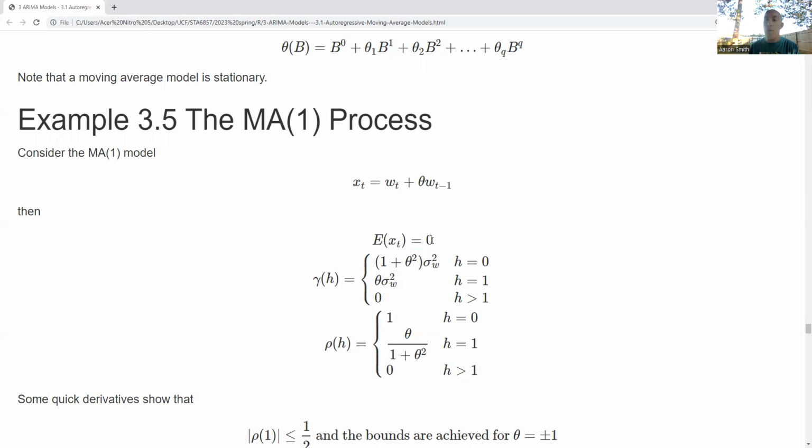So the only way I have a non-zero term for my covariance is when the indices match up. And so when I look at covariance with a shift of 0, of course, that's going to be the variance. If I just sit down and crunch it out, I see that I'm going to have 1 plus theta squared times the variance of the white noise terms.